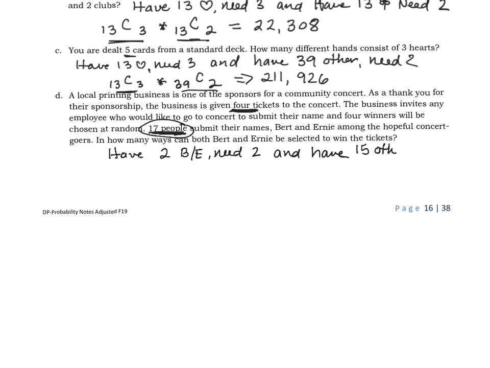We'll call them others. And I need 2 of them. Do we have all 4 tickets accounted for? Yep, 2 and 2, that's 4. So that would be 2C2. Okay, remember we expect that to be 1. And then times 15C2. And that gives us 105.